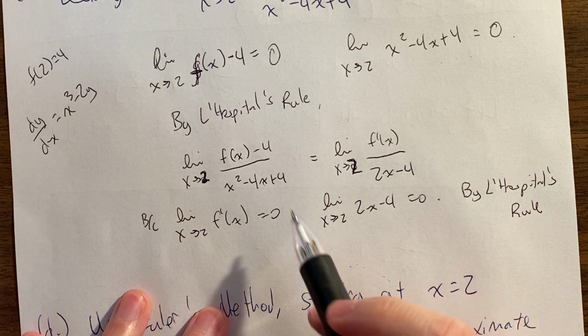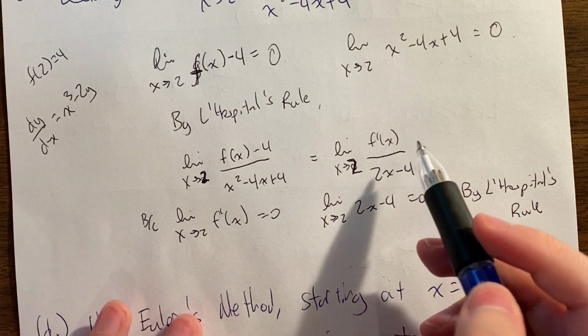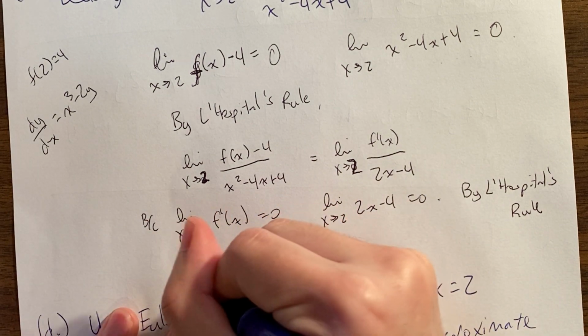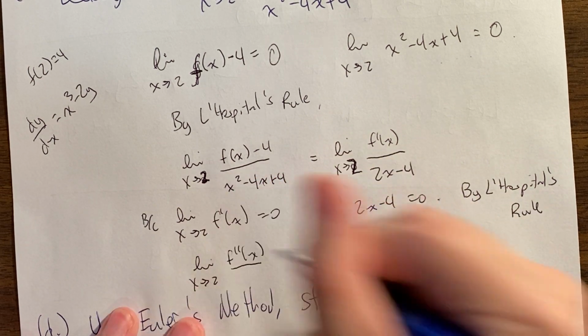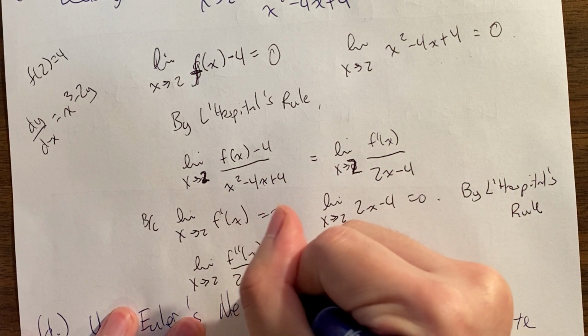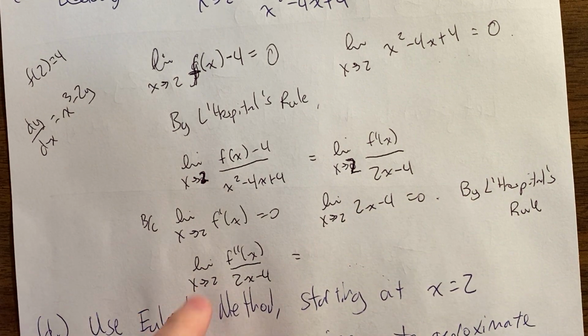And then we're going to write this new original limit, (2x minus 4). And now we can take the derivative of the ratios, or the ratio of the derivatives.